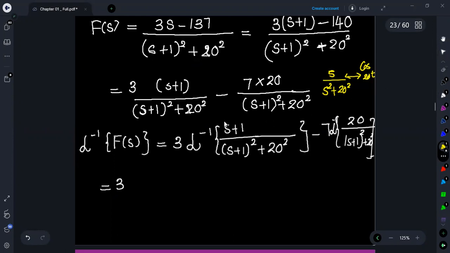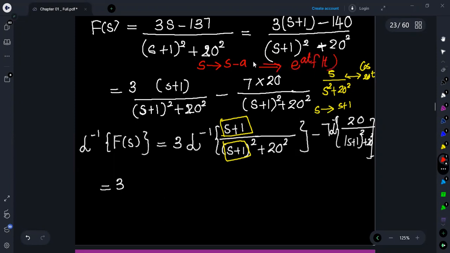But here we have replaced s by s plus 1. If we replace s by s minus a, then we need to multiply the function by e to the power at.